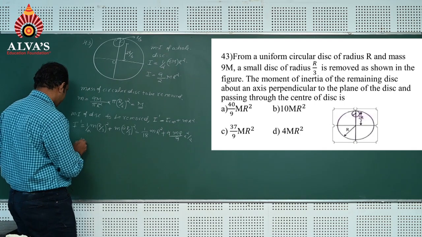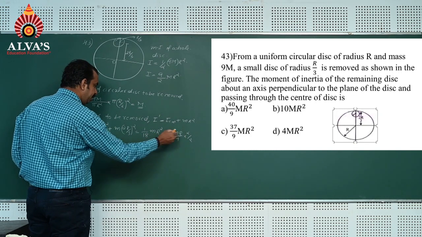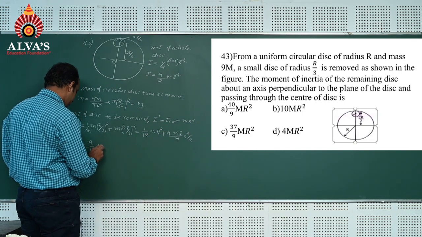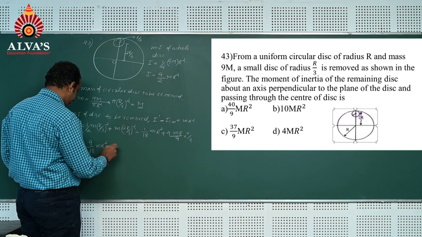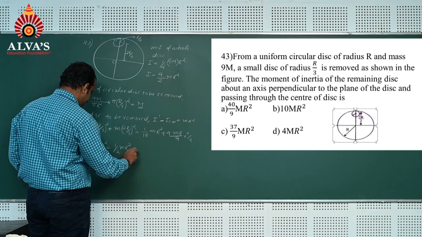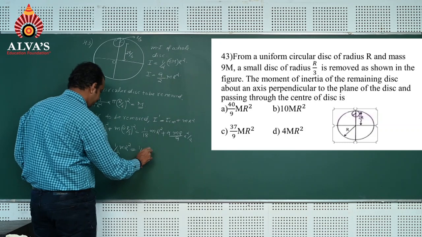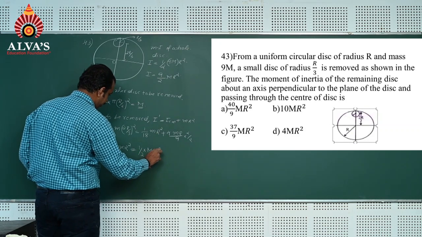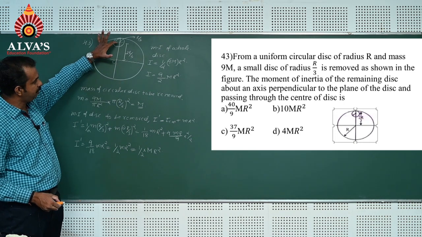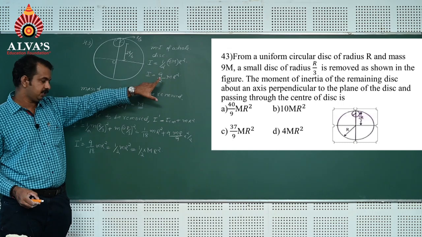That is, I dash is equal to 8 plus 1, 9 by 18 m r square, which is 1 by 2 m r square. Now this is the moment of inertia of the disk to be removed. The moment of inertia of the whole disk is 9 by 2 m r square.